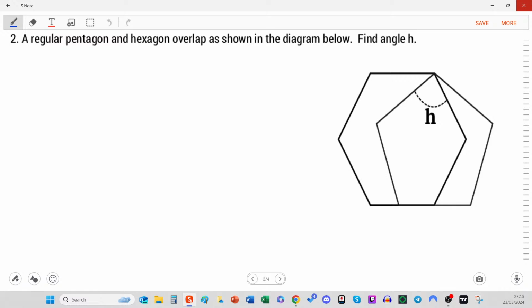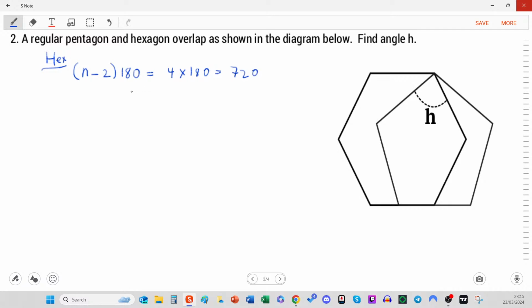I think you find when you start the question it's not as bad as all that. But let's look at our formula from earlier: n take away 2, multiplied by 180. So we're going to start with the hexagon. Why not? And therefore that's going to be 6-sided. So 4 times 180, and you would get 720.